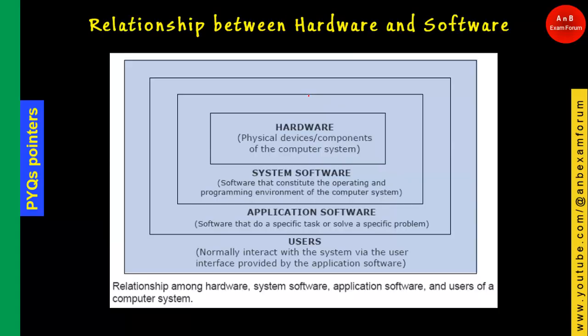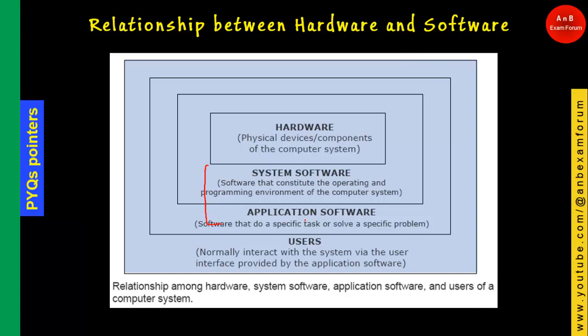Let's see the relationship between the hardware and software. As you know, hardware are the physical components of a computer system, and users are the persons who are going to use that hardware. Okay, so in between we have two types of software.